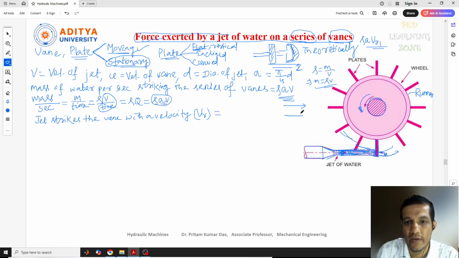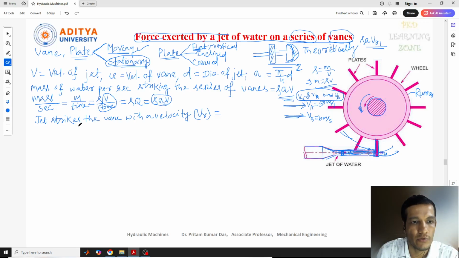Two vehicles are moving in the same direction. Suppose this is the velocity VA and this is the velocity VB, and this one is moving with 50 meters per second and this one with 10 meters per second. Then we need to find the relative velocity for one particular vehicle, considering which vehicle has more velocity. So the relative velocity of VA with respect to VB, how much, like that we need to find out.